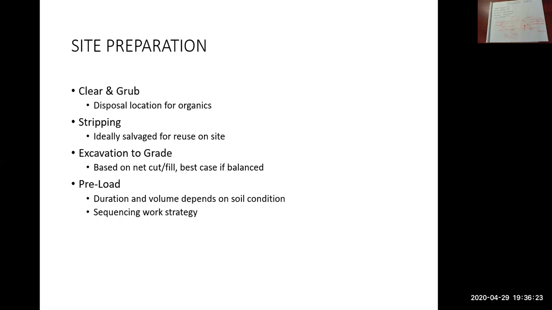So the preloading allows settlement to occur so that after you've built the road, theoretically it will not settle, or very little, if at all. That is the purpose of preload.